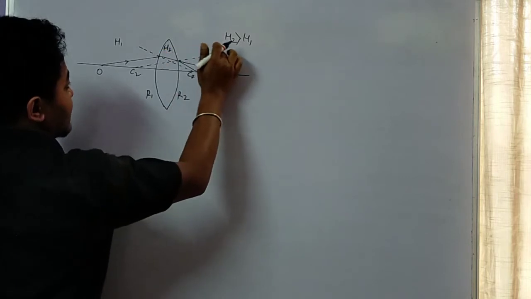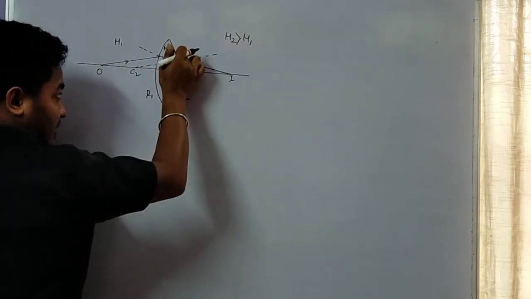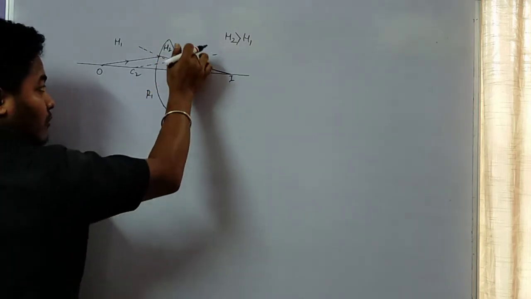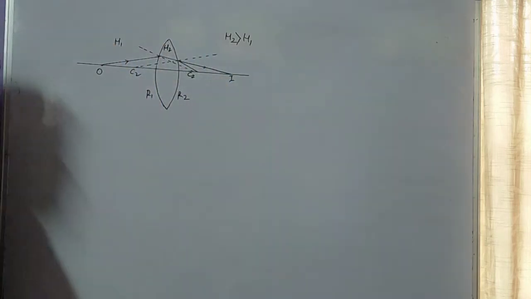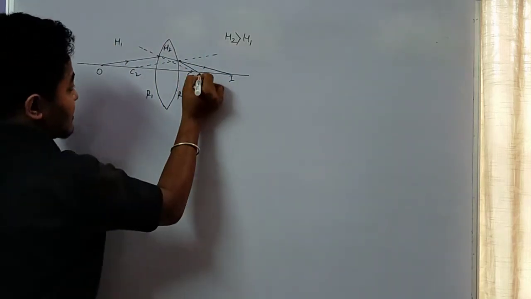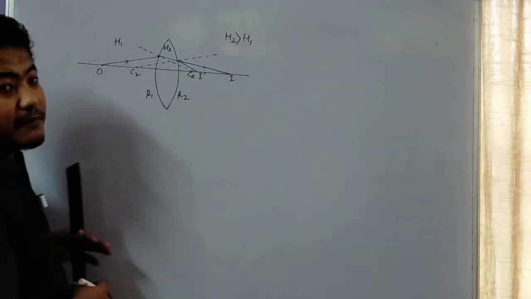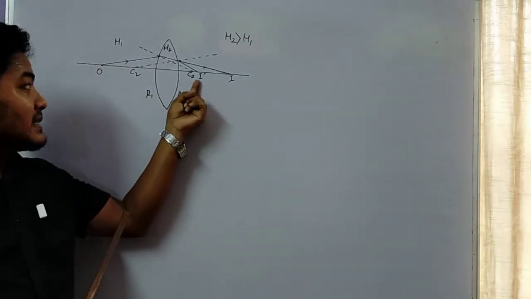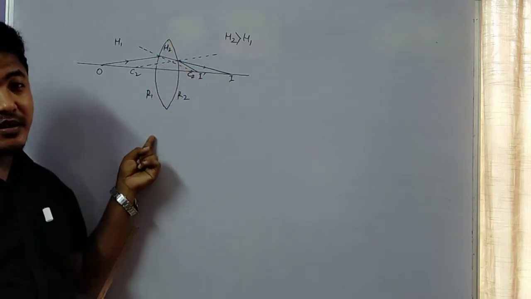This is the normal for the second spherical surface, and after refraction, this is the refracted ray for the second spherical surface. Now this ray will go away from the normal. As you can see, this ray is coming away from the normal. That means, suppose it is I dash, and I dash is the image of object I for the second spherical surface.